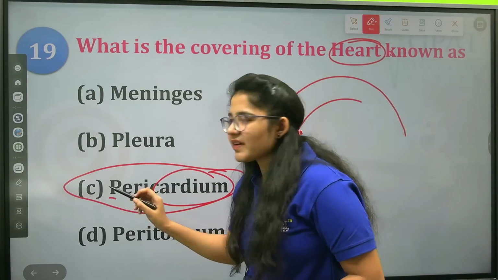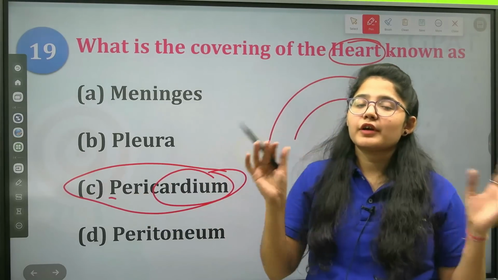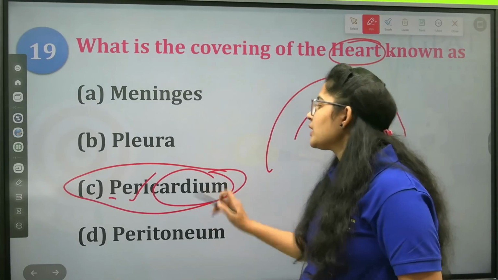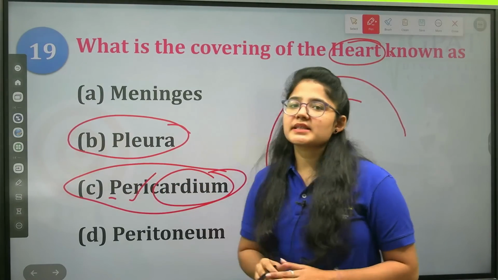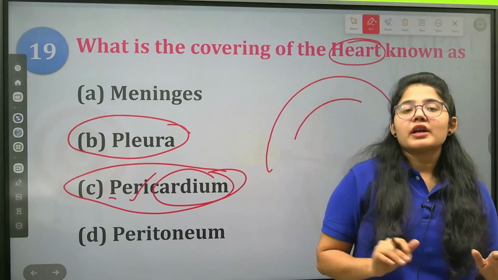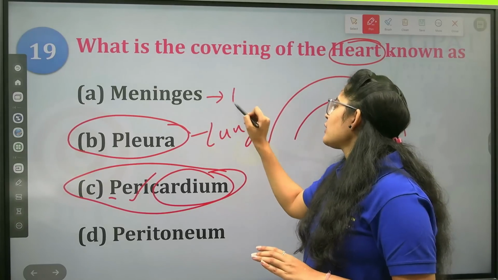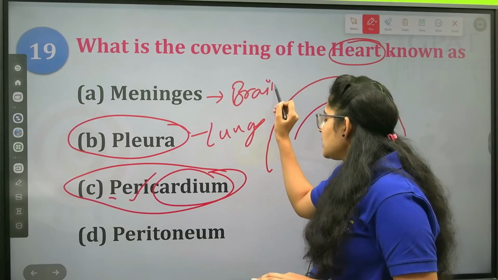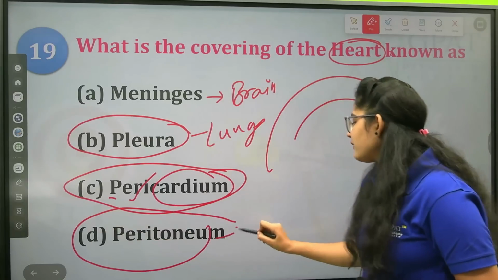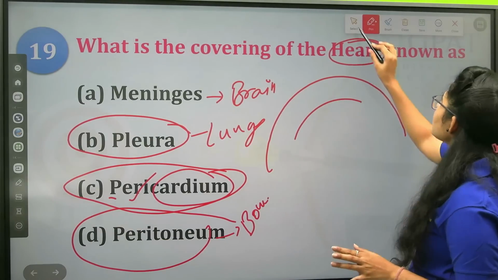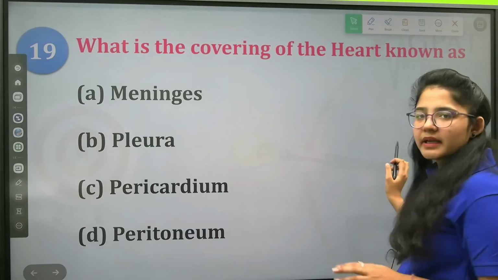Pericardium means the peripheral surface, the outer periphery of your heart. Okay, this is the membrane. Pleura is the covering membrane of your lungs. Meninges is the covering of your brain. Peritoneum is the covering of your abdominal organs. Clear? And the correct answer will be your pericardium.